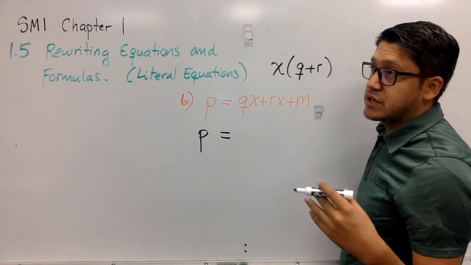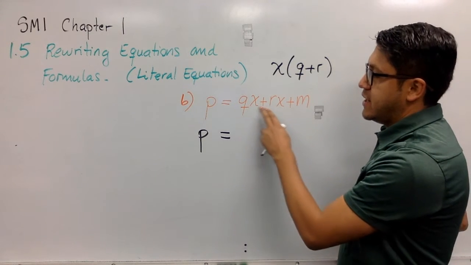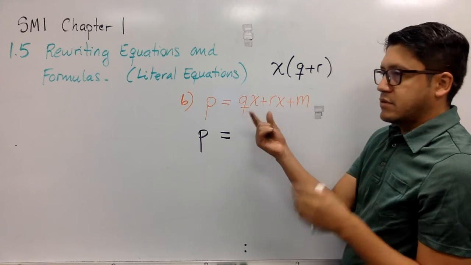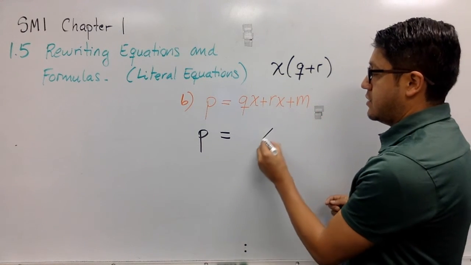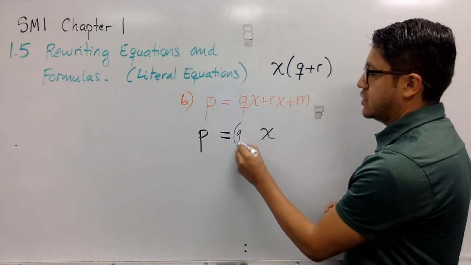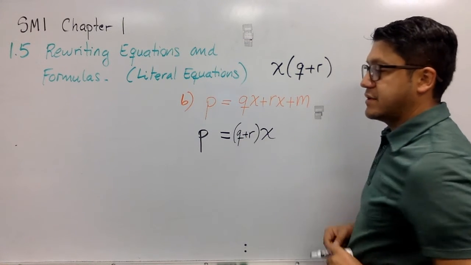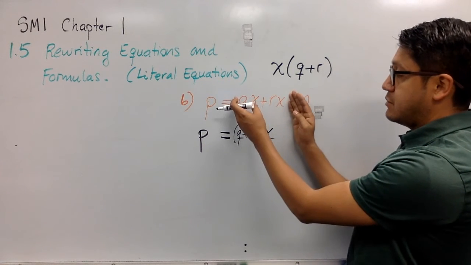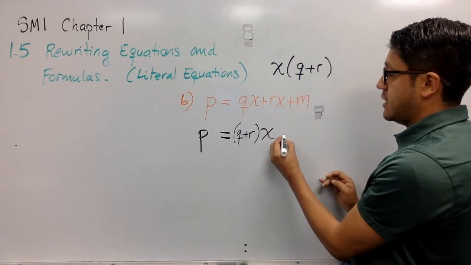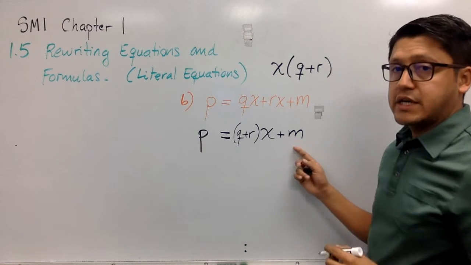If you want to see it this way, if you have qx and rx, when you put them together, it's this number of x's when q and r are added. So that's another way to see it. Okay. So I am just simplifying it this way, and then I have, of course, the m right here.